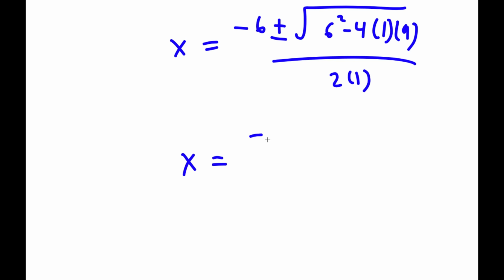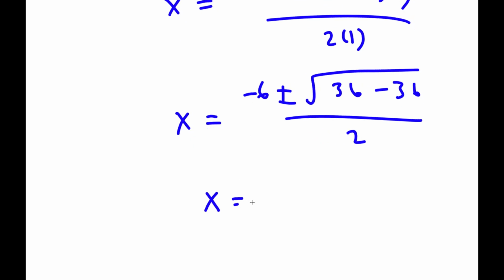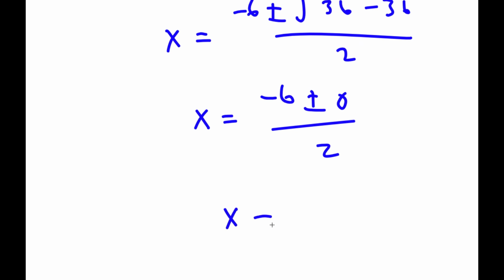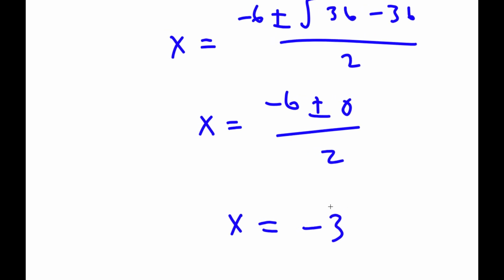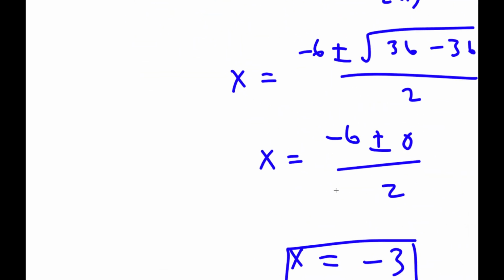Now to simplify, I have negative 6 plus or minus the square root of 36 minus 36, all over 2. And now this is equal to negative 6 plus or minus the square root of 0, which is 0, all over 2. And if I simplify this, I get negative 6 over 2, which is negative 3. So my two solutions are 3 and negative 3.